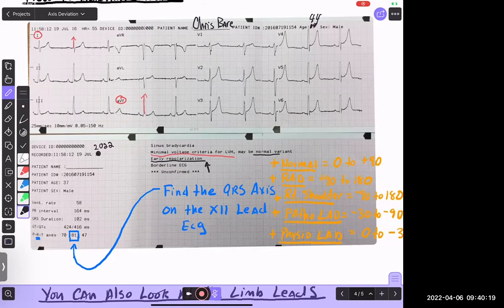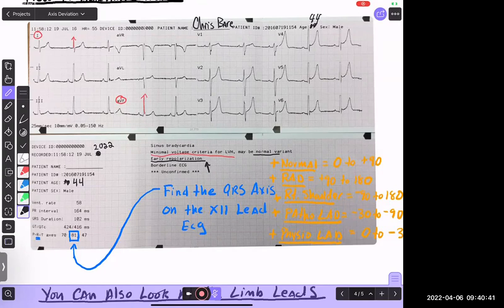And we can confirm that because the machine is saying, at this moment, this 12 lead meets minimum voltage criteria for left ventricular hypertrophy. So we're moving towards that family, but we haven't married into that family quite yet. Okay, does that make sense to everyone?